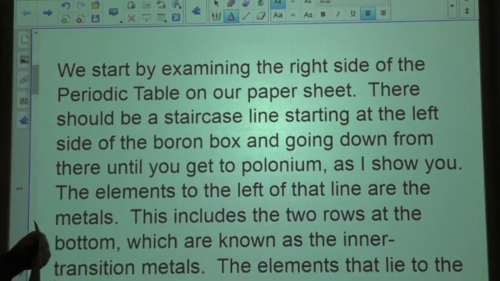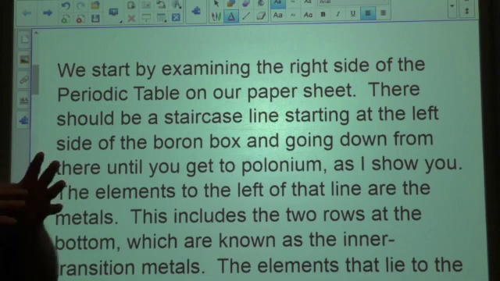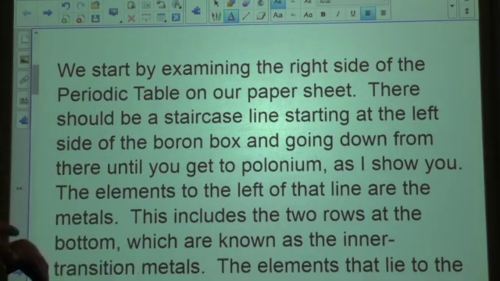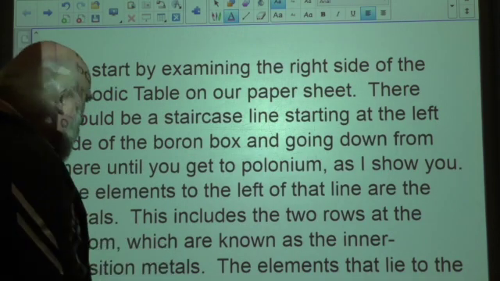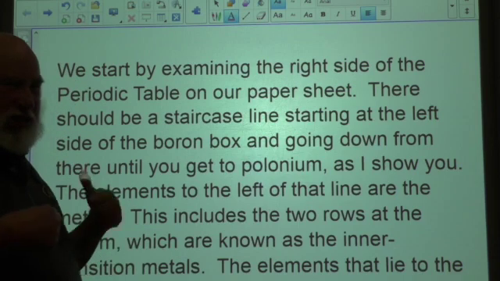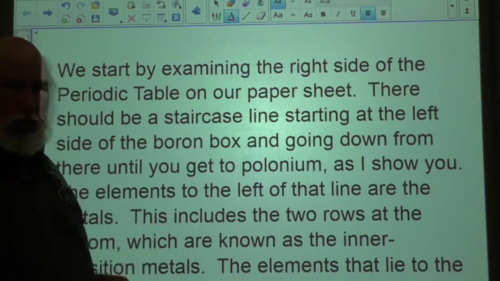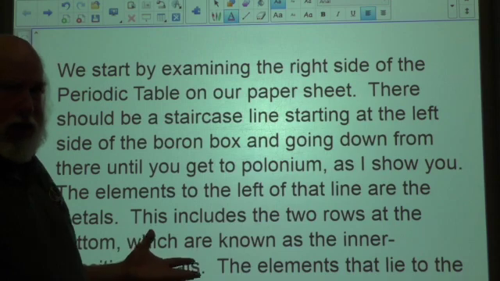You might want to darken that line in so that it becomes obvious where the demarcation is between metals and nonmetals, because that's what we're going to be looking at. Don't have to, but it helps kind of make it jump out. So if you want to pause and do that before I move on, that's fine.